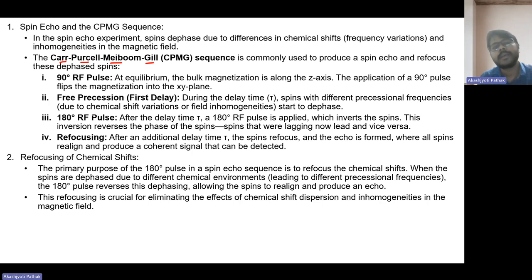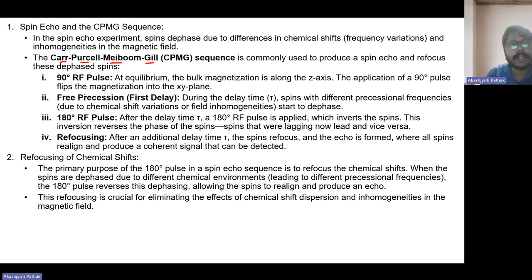Because of the nuclear spin phenomena we see during the process, it is also known as the spin echo experiment or spin echo sequence.